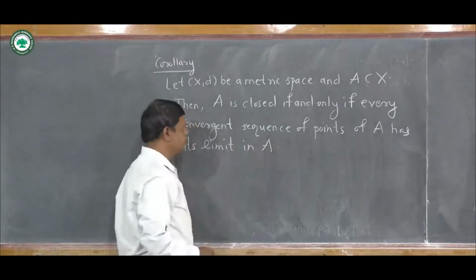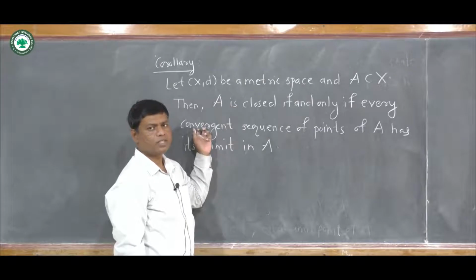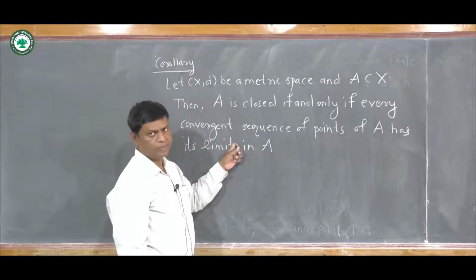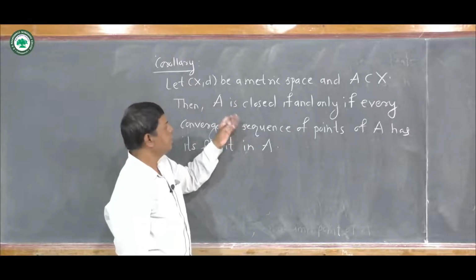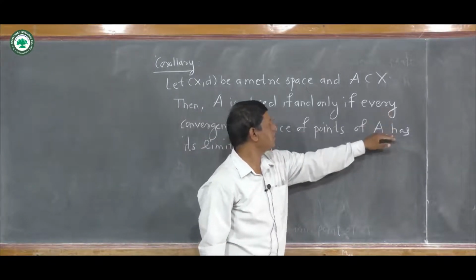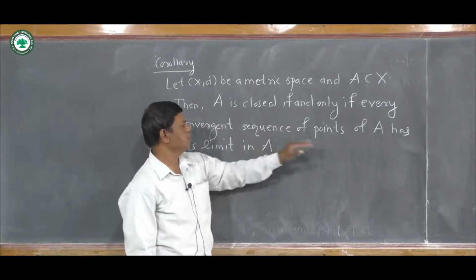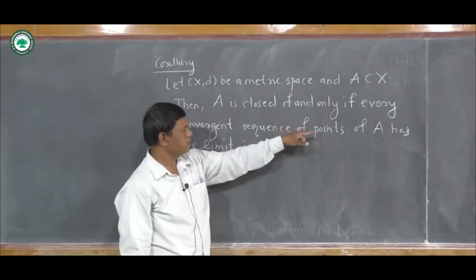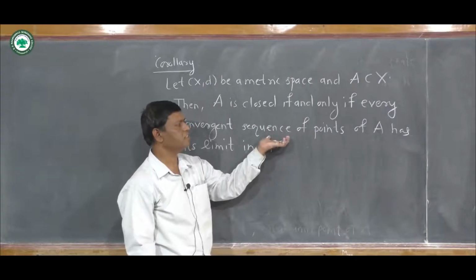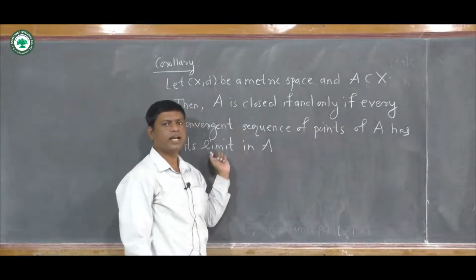It means that if you take any closed set, then any convergent sequence in that set has its limit again in the set A, that is, in the same set. Or if you take a convergent sequence in a set, and that sequence has its limit again in that set, and this is true for every convergent sequence of that set, then we say that the set is closed.